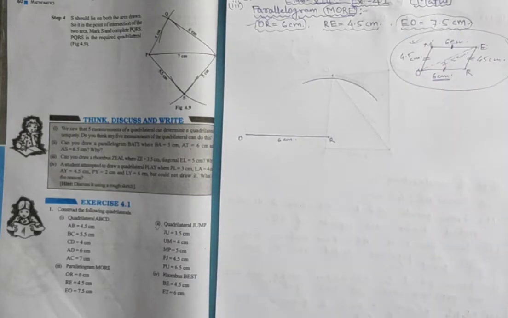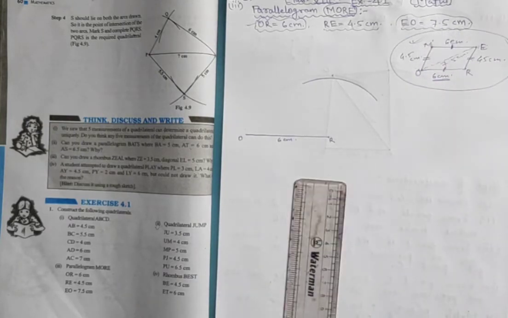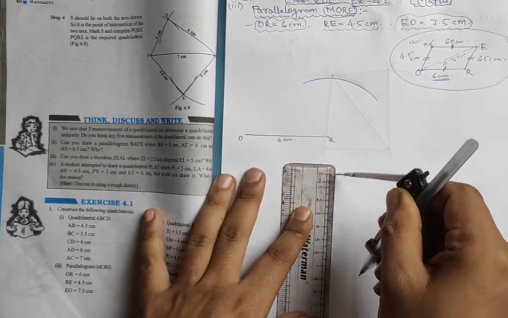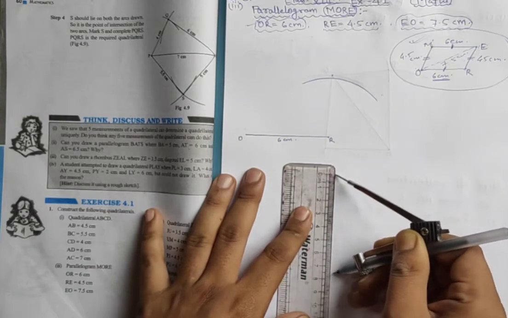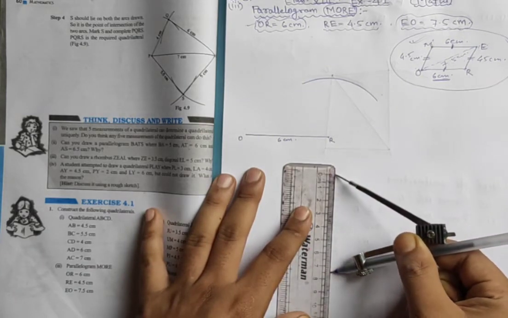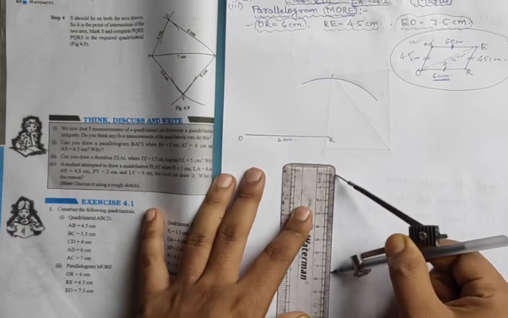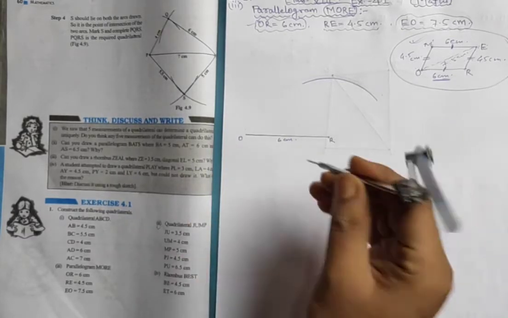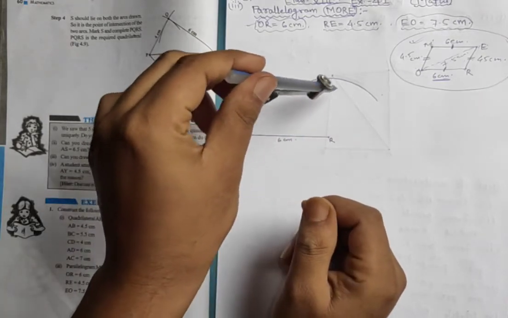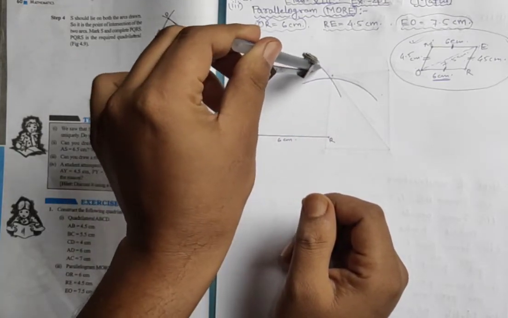So we have to take an arc of 7.5 centimeter to cut the previously cut arc. So I am taking a measurement of 7.5 centimeter. Is it visible to all? Hope it is. So from point O I am cutting an arc on the previously cut arc, of 7.5 centimeter.